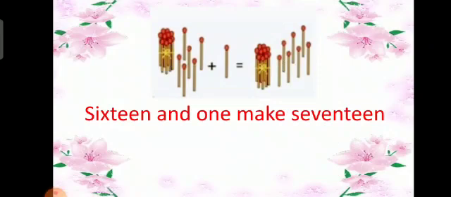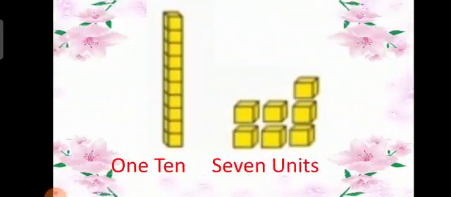Now here 16 matchsticks are there. With the 16 matchsticks we add one matchstick, so it becomes 17. 16 and 1 make 17. In 17 we have 1 ten and 7 units. 1 ten and 7 units is equal to 17.